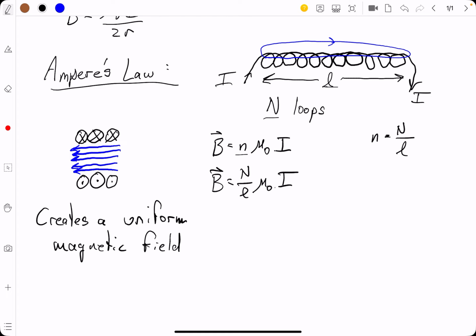On the inside. So, of course, on the outside, you'd have your standard magnetic field, and it's going to drop off as you get further and further away. Nobody's going to ask you about that, so put your mind to rest about that one.